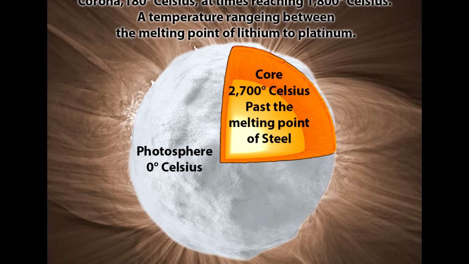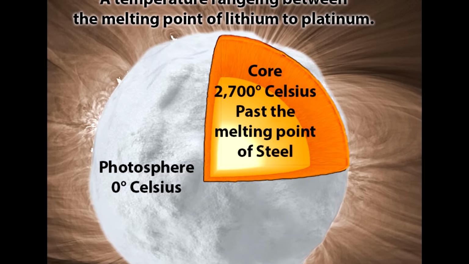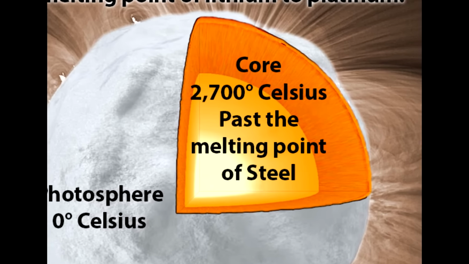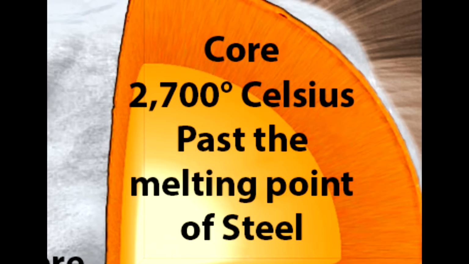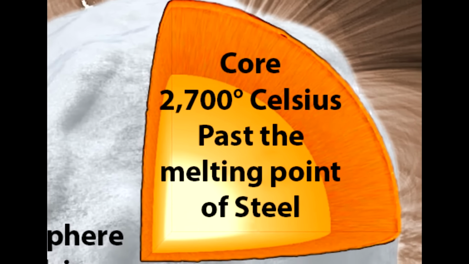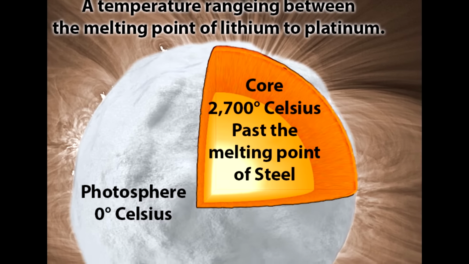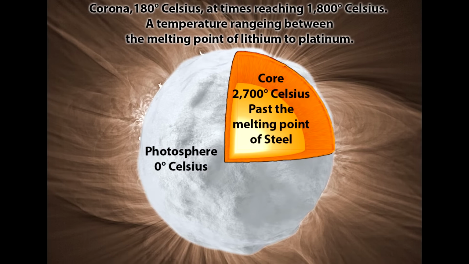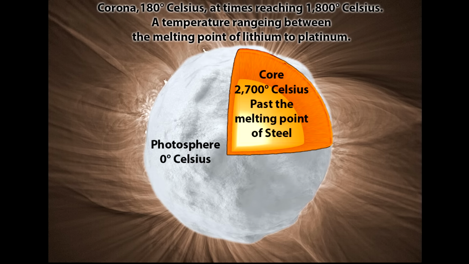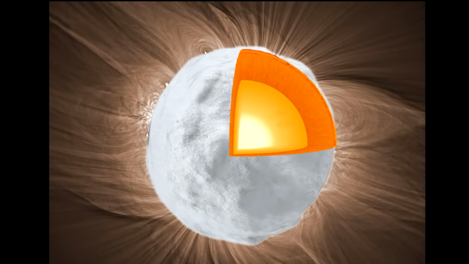So, sandwiched inside our snowball shell, the core would be 2,700 degrees Celsius, hot enough to melt steel, and the atmospheric corona would have a temperature that varies between 180 and 1,800 degrees Celsius, a temperature so hot that if you were standing in the vicinity, you would either parboil or vaporize. Your choice.